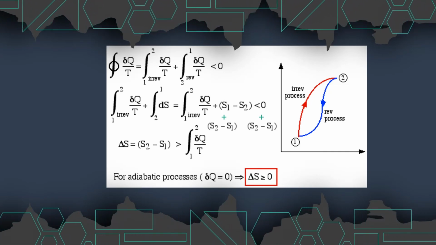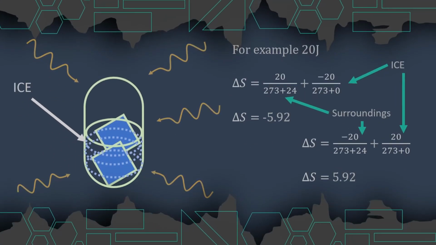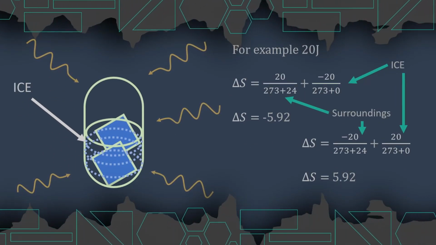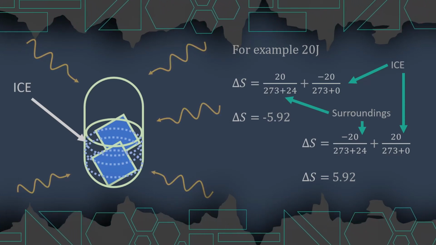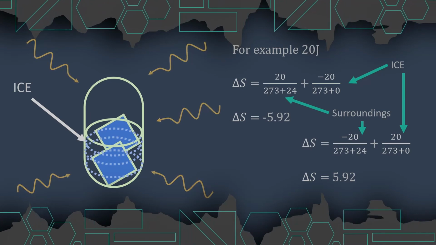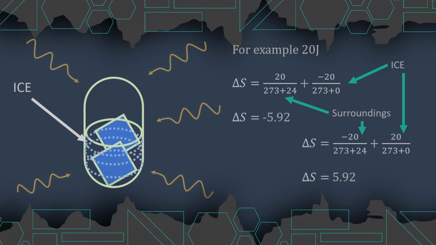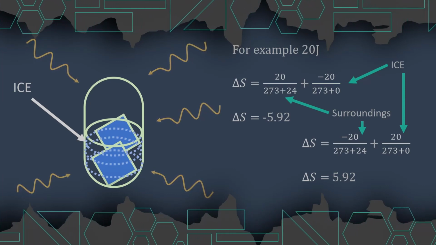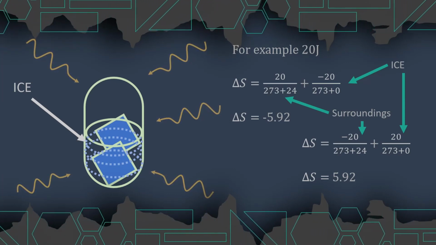Let us take the same ice example. Assume 20 joules of energy has been lost by ice. Since the surroundings gain 20 joules, the entropy for the surroundings is 20 divided by 273 plus 24 Kelvin, and minus 20 divided by 273 since the ice lost energy.